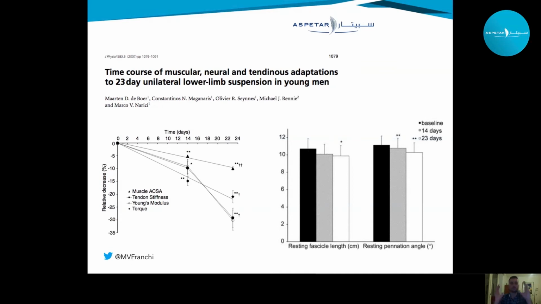So adaptations to loading occur very early, but adaptations to unloading as well, and in my opinion, even with a high velocity, because look, already 5% of CSA lost after 14 days, and we're close to 10% after 23 days of unilateral lower limb suspension.